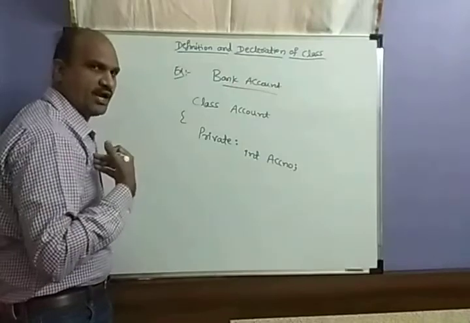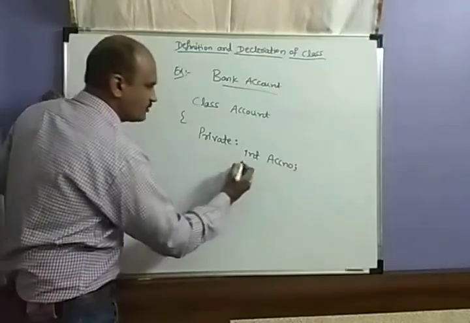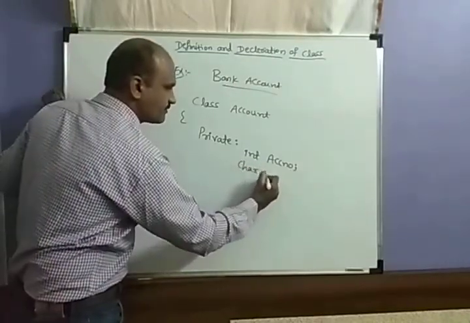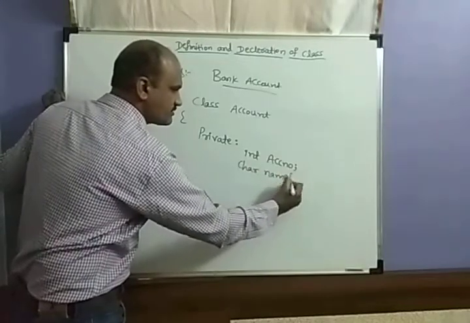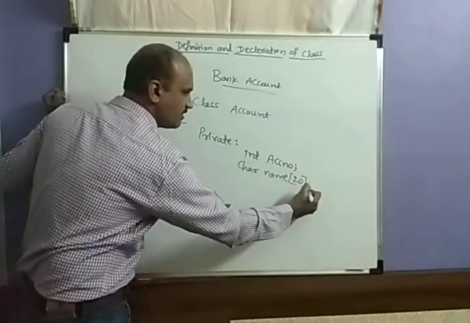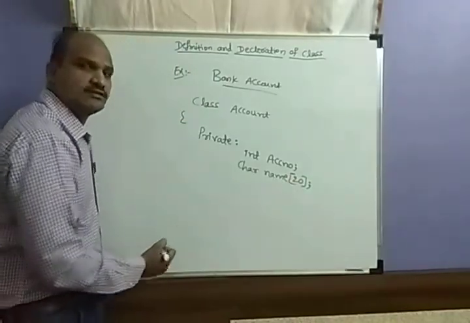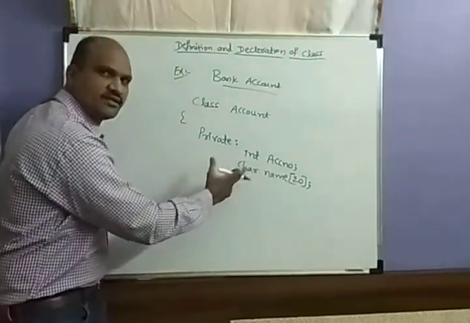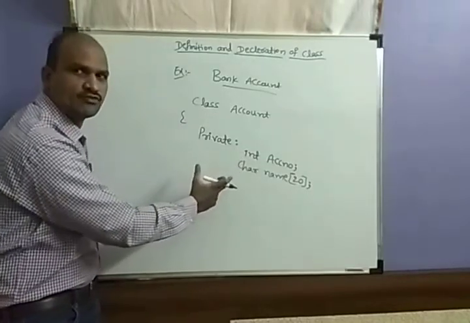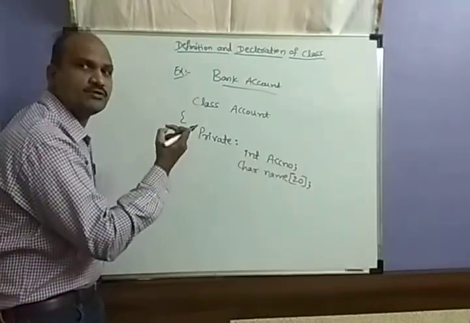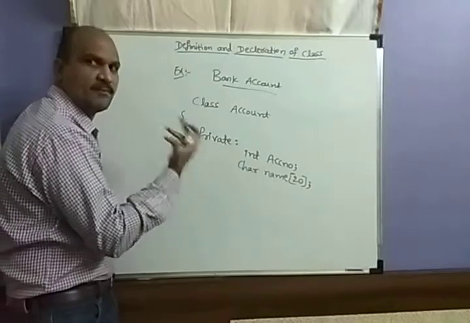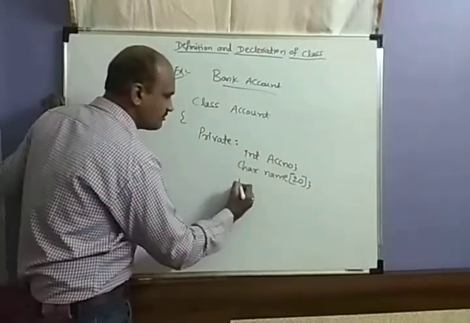Then I have the account name, with characters, that is a one dimensional array we are defining here. So account number is there, name is there in the bank, and also the account balance. What is the balance of your amount? That is the amount balance.